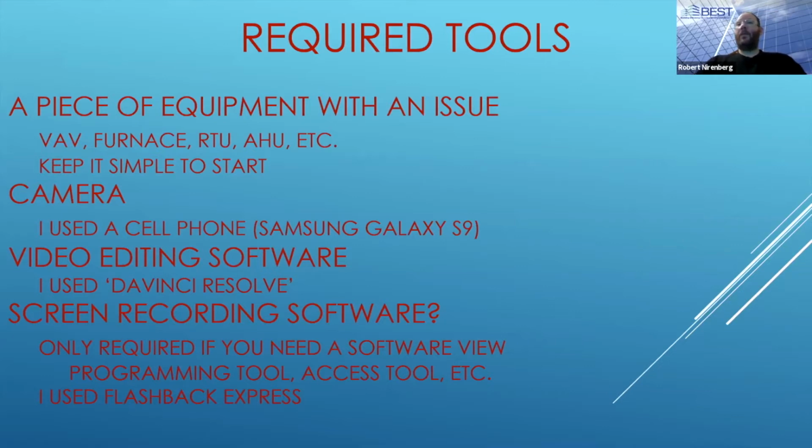But the tools that you need to start out in this are really basic. You need some sort of equipment to work on. I literally used a VAV box that was donated to our program. I slapped a controller on it, a couple of actuators, and I did all the recording in my office at home, which of course meant that the unit was not fully functional.